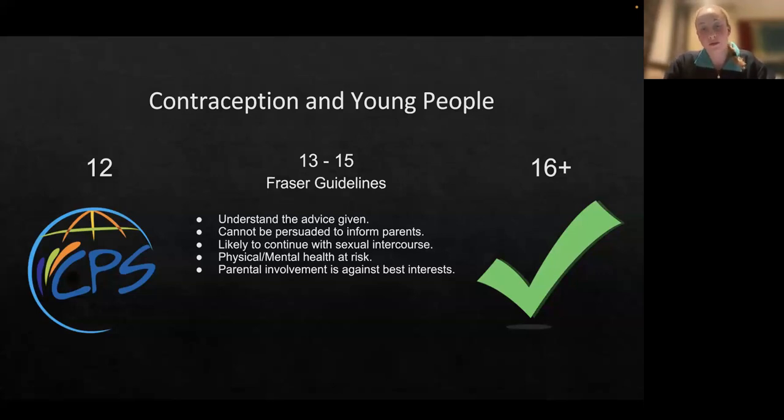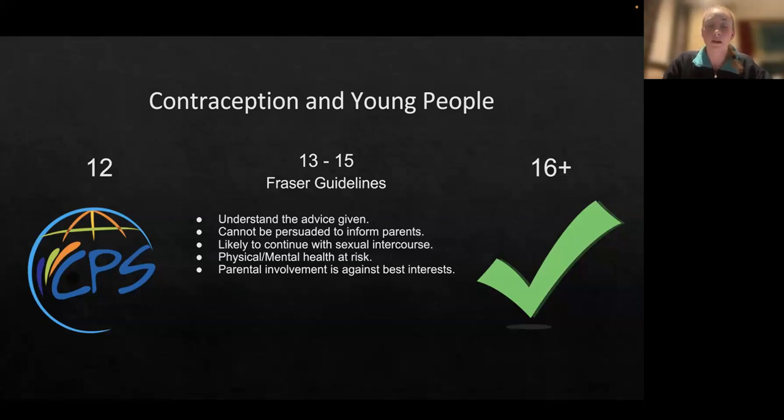But in general, when it comes to the Fraser guidelines, these are guidelines that say that if you have someone between 13 and 15 and they can understand the advice given, they can't be persuaded to inform their parents. So you should generally ask why they don't feel they can inform their parents, and encourage them to.